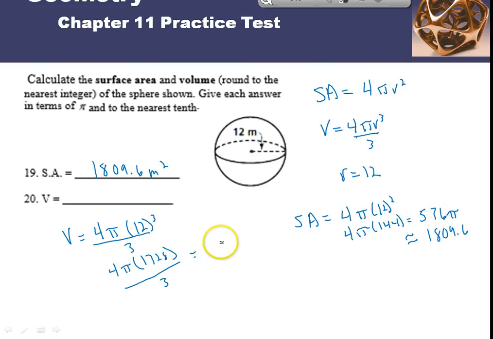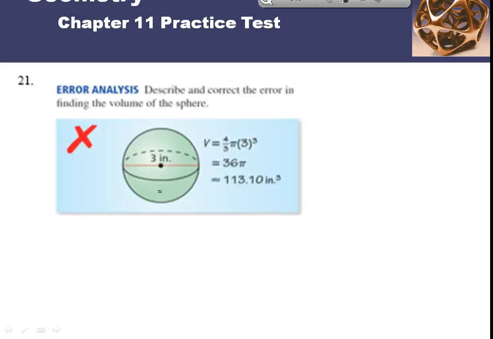That's 2304 pi, and that would be 7238.2. 7238.2. And this would be meters cubed. Alright, that's 19 and 20.